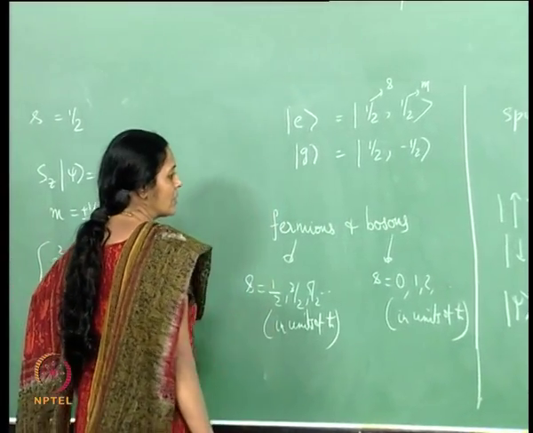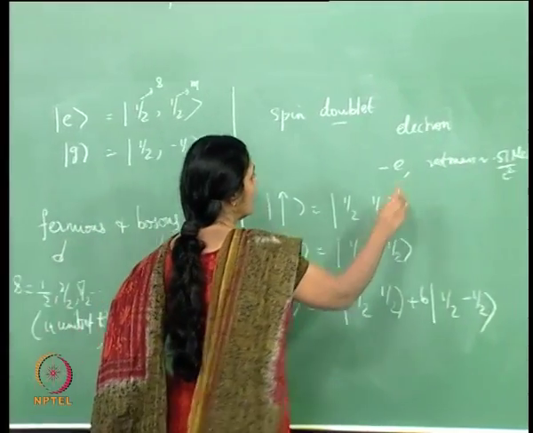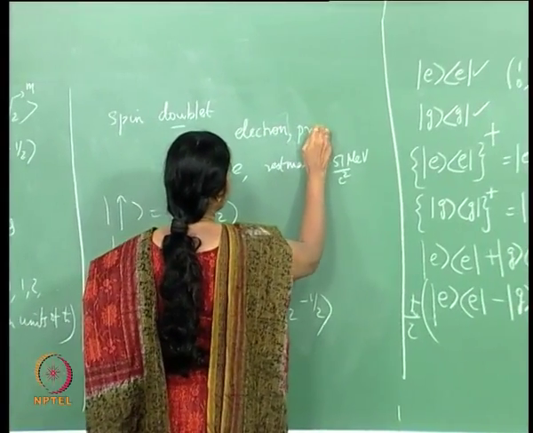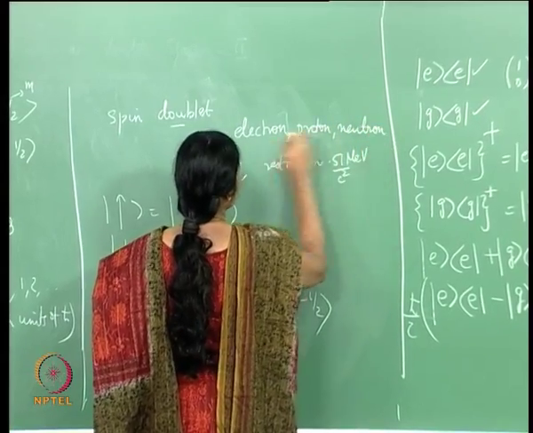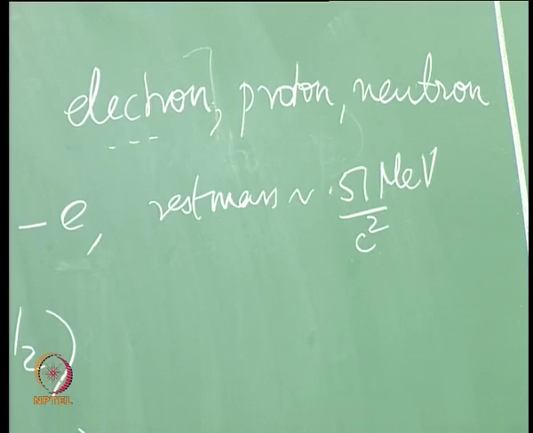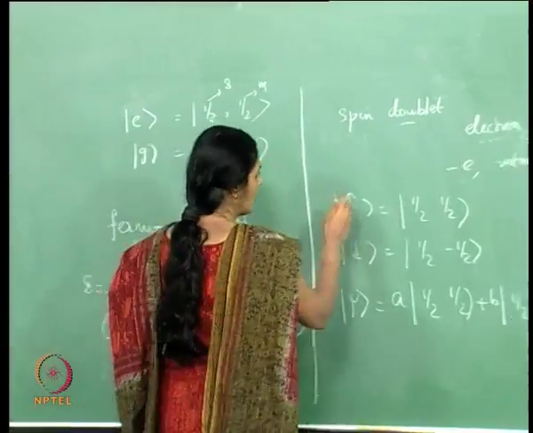There are other particles which have spin equal to half, for instance the proton, the neutron and many others.